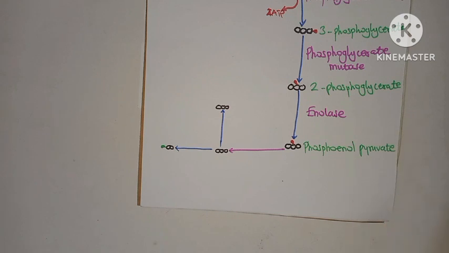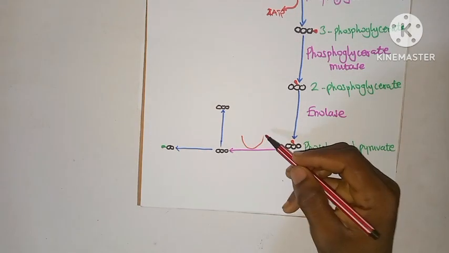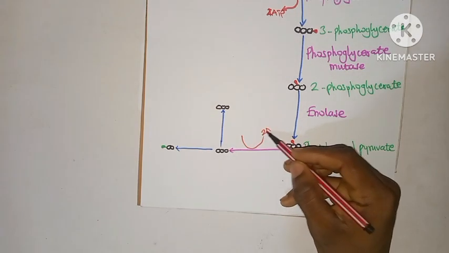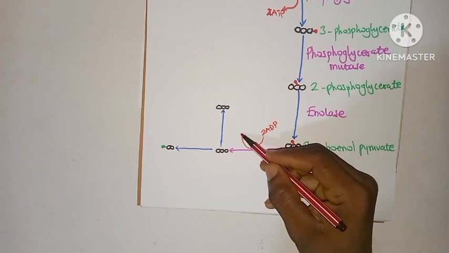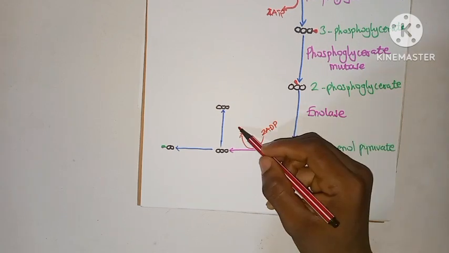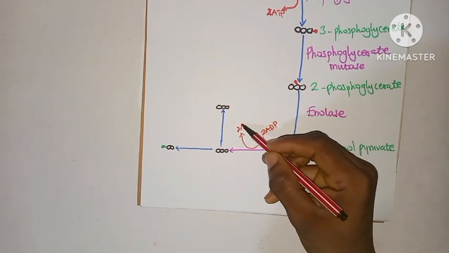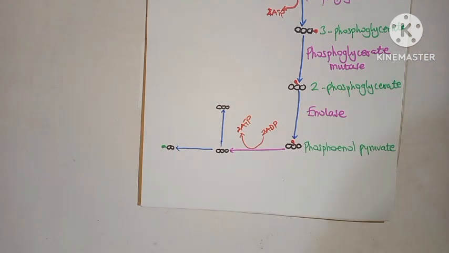So let me do that. It will take 2 ADPs and convert them to 2 ATP in the presence of the enzyme known as pyruvate kinase.